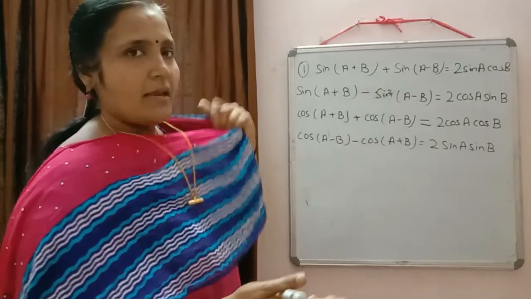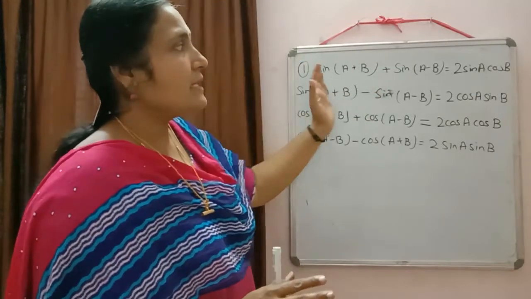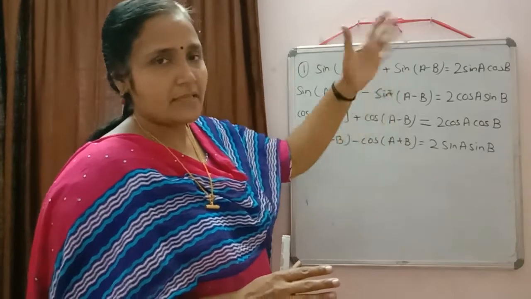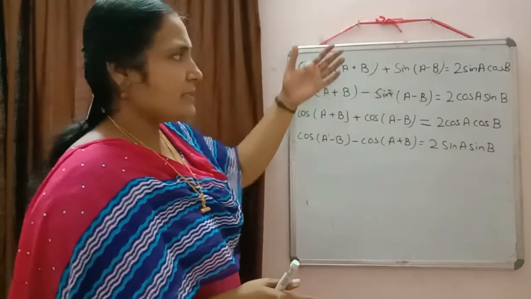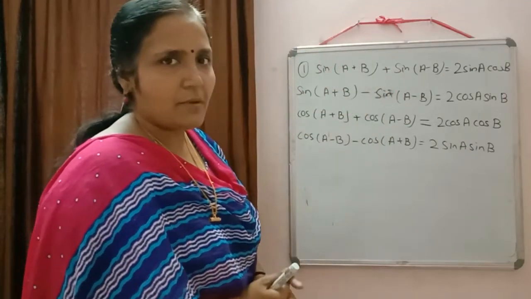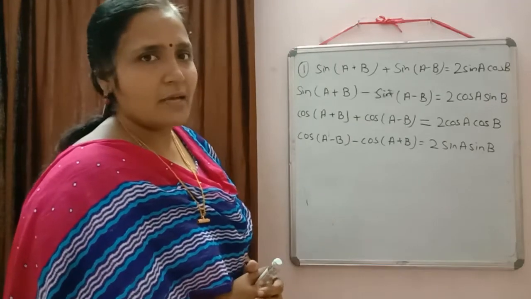The second formula which I gave you, where we convert addition or subtraction into the form of product, is the continuation of this formula. That's why I gave you the formula.